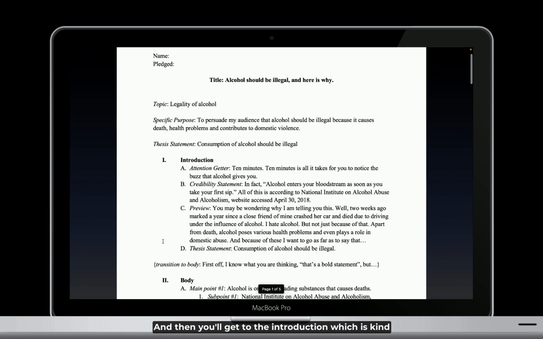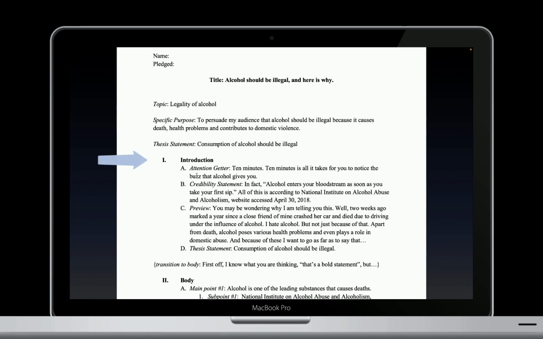And then you'll get to the introduction, which is the actual speaking part of your speech. This is where you'll find the attention getter, the credibility statement, preview, and thesis statement. If you want more information on attention getters, there is another video.